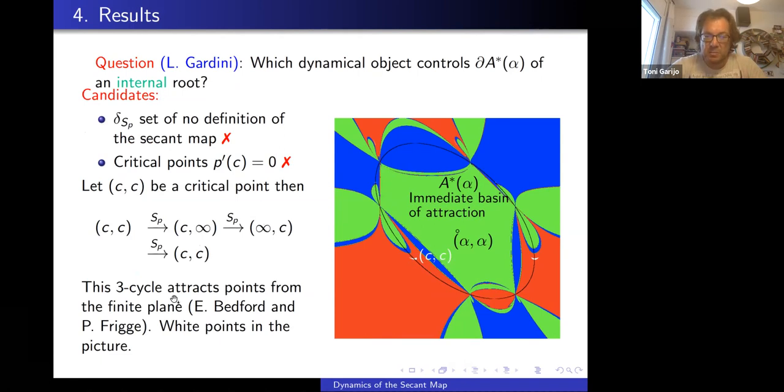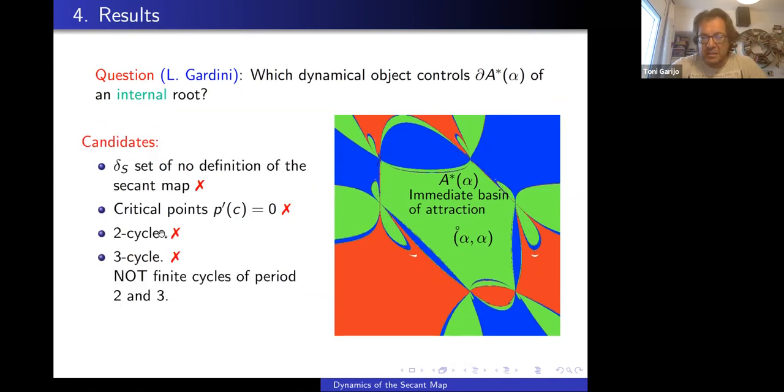In fact, this is part of the results obtained by Bedford and Kim, who prove that this 3 cycle attracts points from the finite plane. And these are these white points in the picture. But these white points are far from the immediate basin of attraction of the root, so they don't control this boundary.